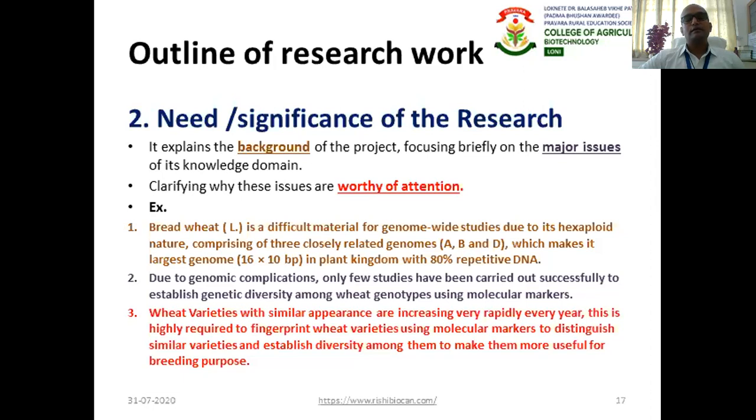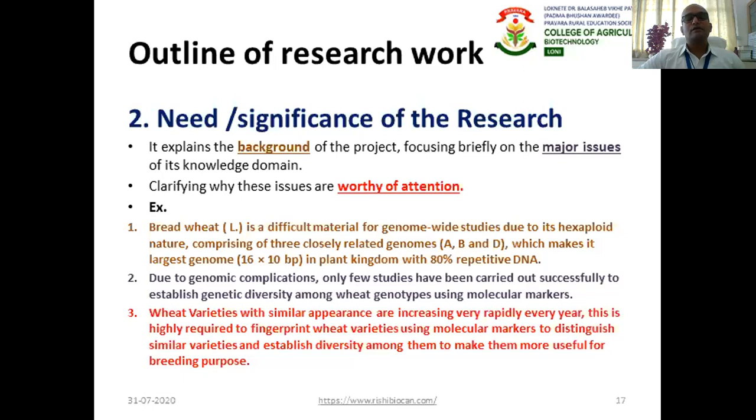Through this study, your attention point is that day by day, year by year, wheat variety seeds are getting mixed with each other. So it is highly required to fingerprint wheat varieties using molecular markers, so you can distinguish similar varieties and establish diversity among them to make them more useful for breeding. That is the attention point of your study.